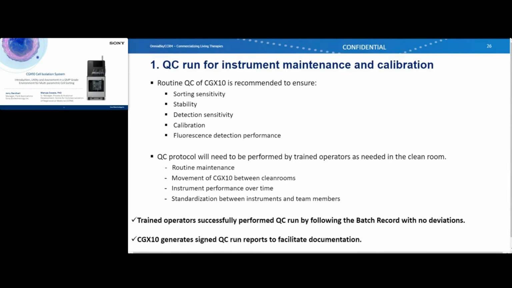We developed a protocol and batch record for the QC run, and trained operators could successfully perform this QC run by following the batch records with no deviations. Moreover, CGX10 generates signed QC run reports to facilitate documentation.